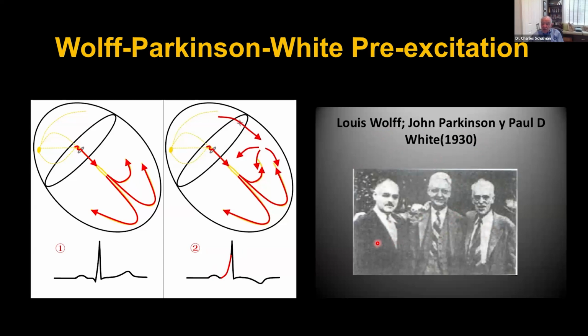Wolff and White were from Boston. Wolff was from Beth Israel Hospital, as it was called in those days. White was from the MGH and is particularly well known because he started an organization of cardiologists in Boston, which joined some other groups and eventually became the American Heart Association.